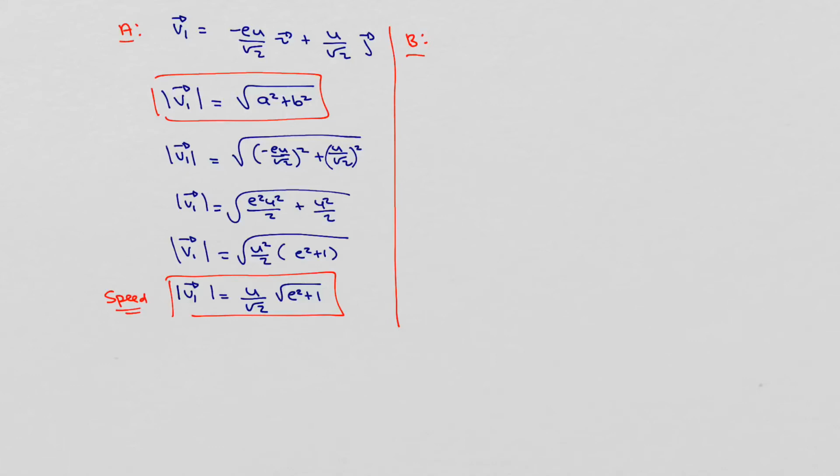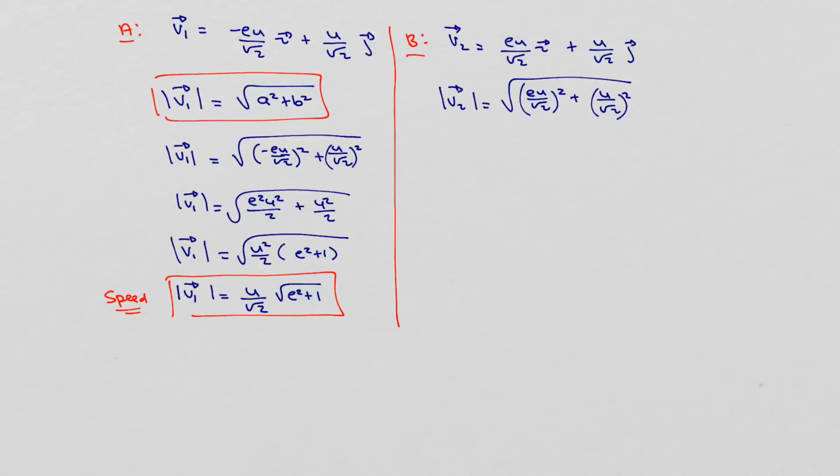And then we do the same for B. Well, V2 is equal to eu over root 2 in the i direction plus u over root 2 in the j direction. So again, if I get the magnitude using the same formula, I'm going to have the square root of (eu over root 2) squared plus (u over root 2) squared.